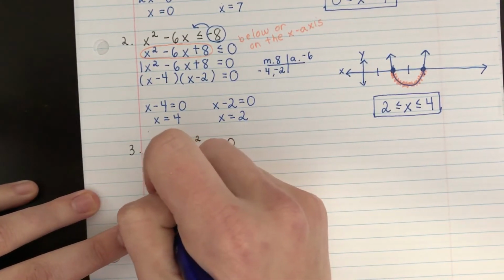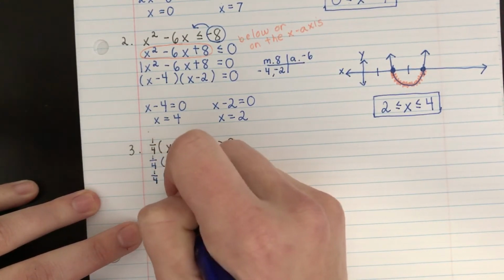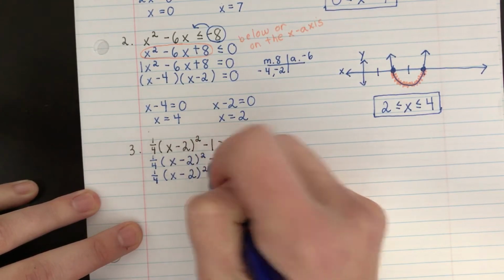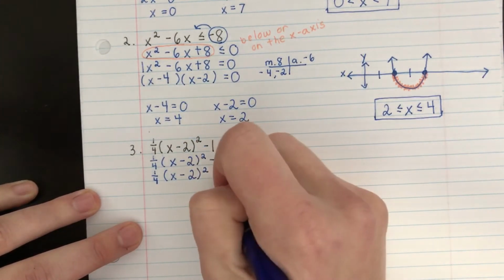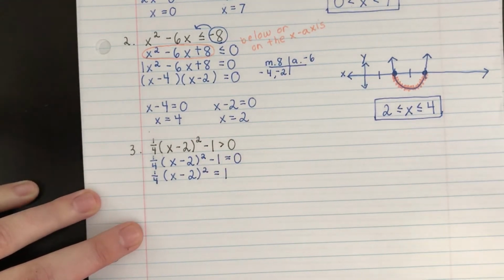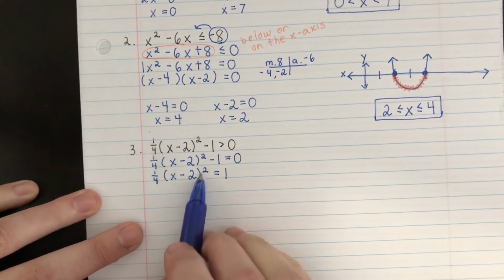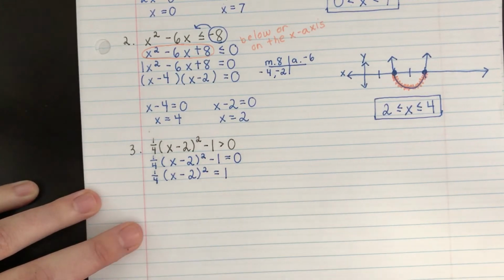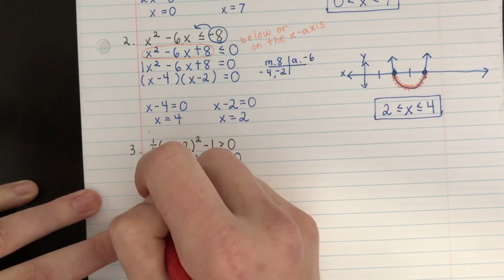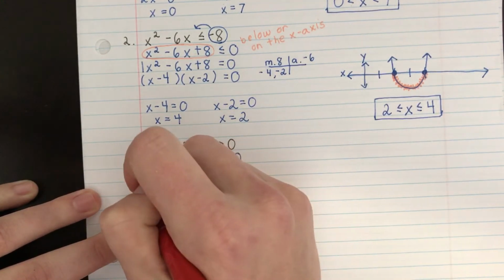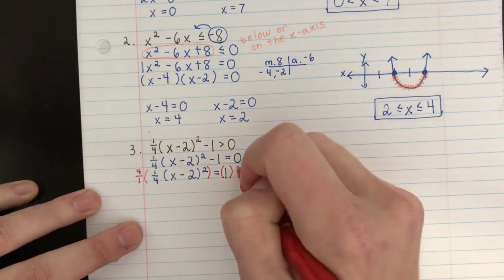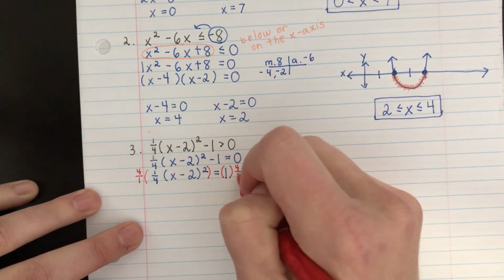So when you use square roots to solve, remember, we're going to add the 1 to both sides. So add 1, we would get equals 1. Okay, we're trying to get this quantity squared by itself. So I'm going to use my red because I'm going to multiply both sides by the reciprocal of 1/4, so 4/1.